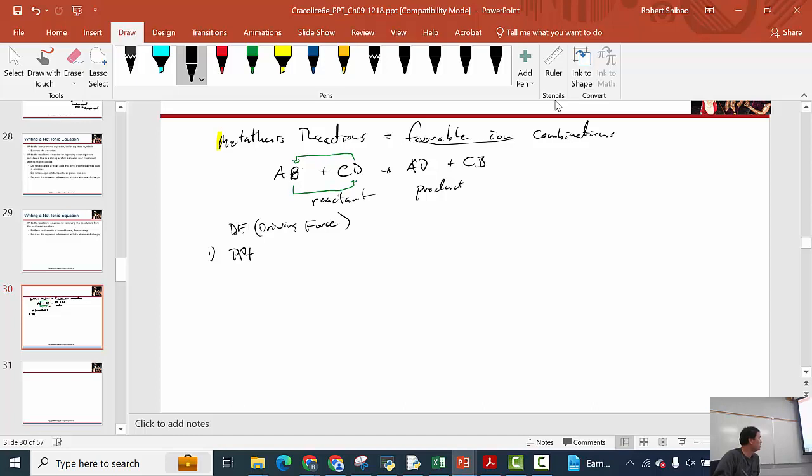Precipitate's PPT, precipitate. And precipitation is the formation of an insoluble solid. An insoluble solid has strong bonds holding the ions together.